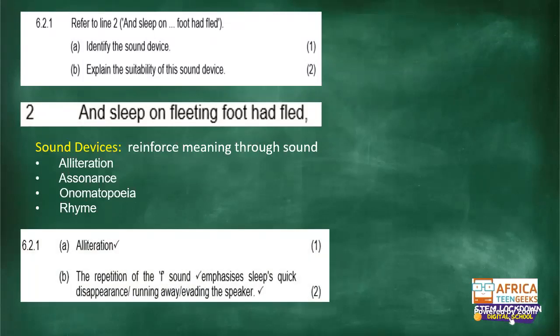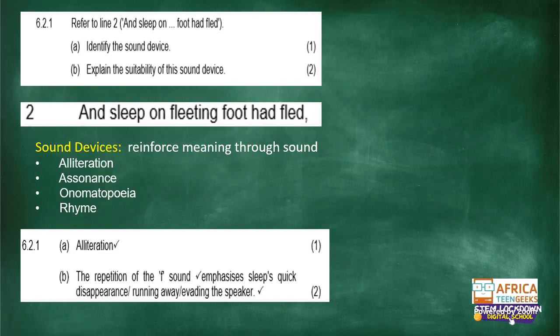So remember, we also said you must be able to explain the suitability of the figure of speech, okay? So here they've explained it. With you, you wouldn't be able to explain this because you don't know the entire passage. We didn't read it, so you wouldn't know. But at least you can see how they have explained the suitability.